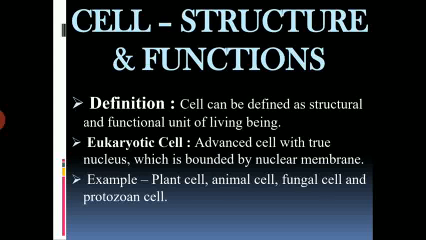And eukaryotic cells are those cells where genetic materials are bounded by nuclear membrane. Fine. So that is called eukaryotic cell. For example, plant cell, animal cells, fungal cells, and protozoan cells. Okay, so that is eukaryotic cell, and we are going to talk about eukaryotic cells only, plant cells and animal cell.